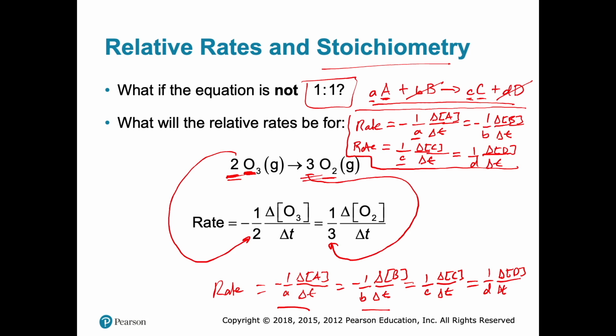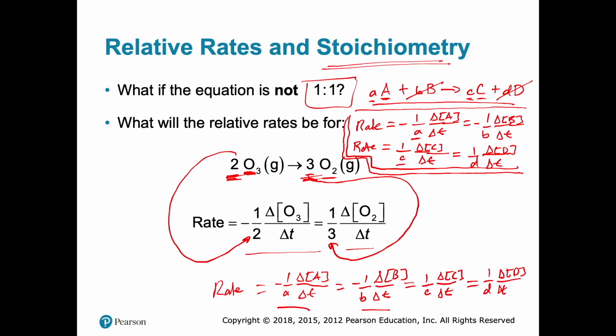And so that's how we figure out how to write the equation with the coefficients. Because remember, when I'm talking about stoichiometry, I'm talking about the coefficients in front of each of the reactants or products. And whenever the stoichiometry is not 1-to-1, this is what we have to use right here to figure out what our rate equation is going to be.